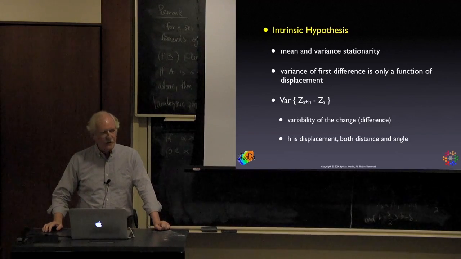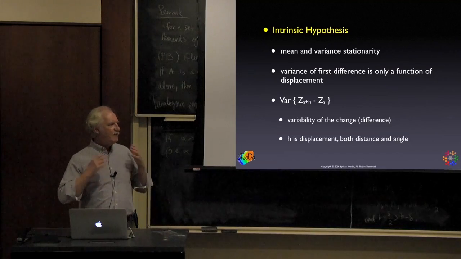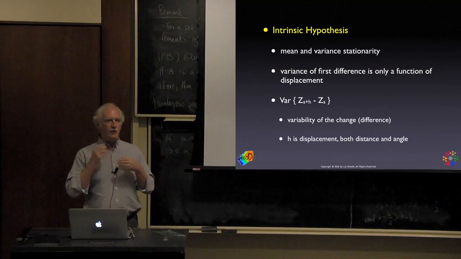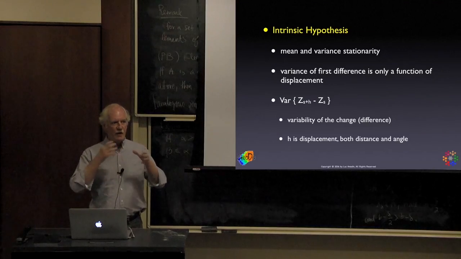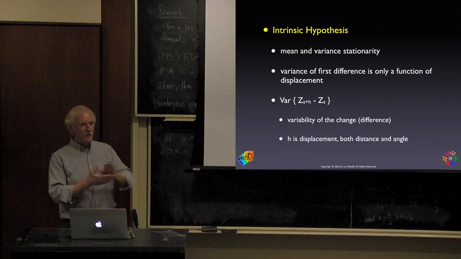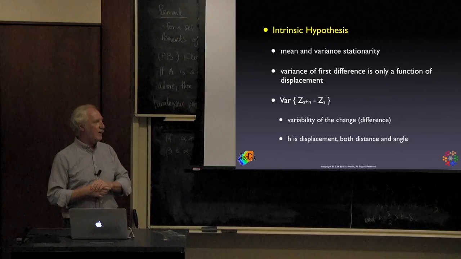So there's this thing called the intrinsic hypothesis, and I find it a very strange concept, and it's a little difficult to get your head around, but at the end of the day, you will see it all simplifies. So we take stationarity in the mean, so constant mean, and constant variance.